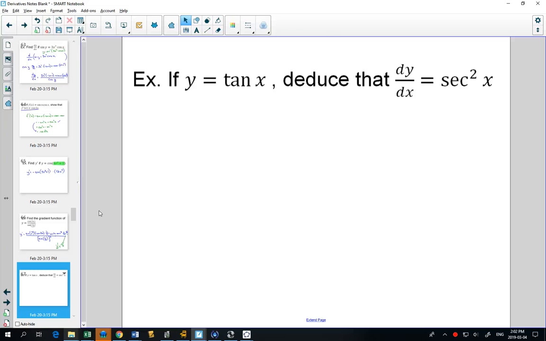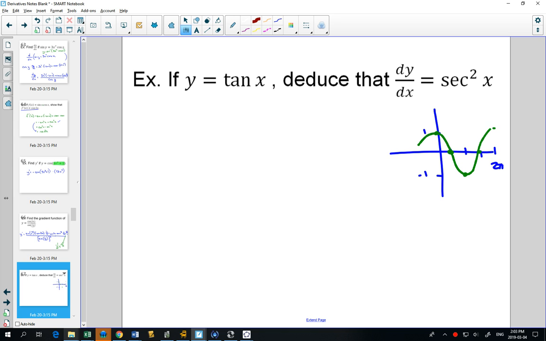Do you remember what your secant graph looks like? Do you remember how to draw your secant graph? We'll do a quick review. If you draw your cosine graph, 0 to 2 pi divided into 4 equal sections from 1 to -1. Your cosine graph starts at a maximum, then to the middle, minimum, middle, maximum. Here's your cosine graph. Wherever your cosine graph had x-intercepts, you had asymptotes.